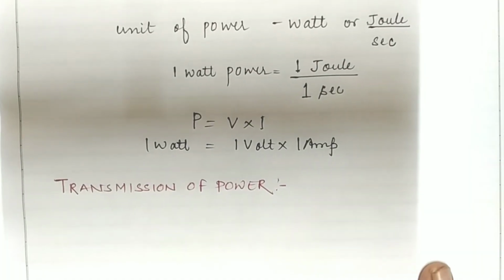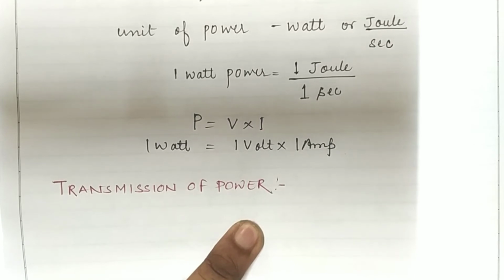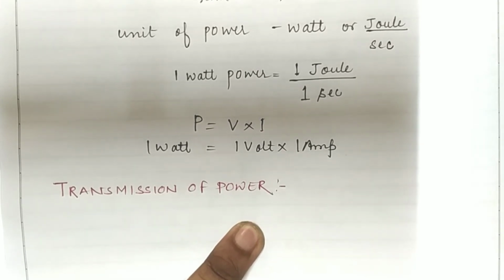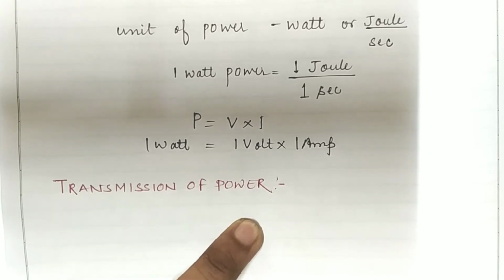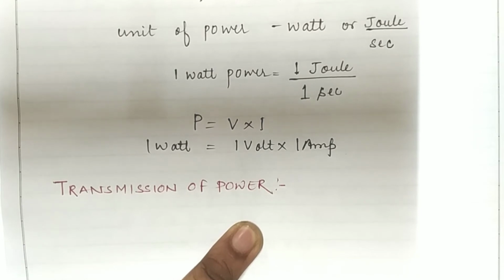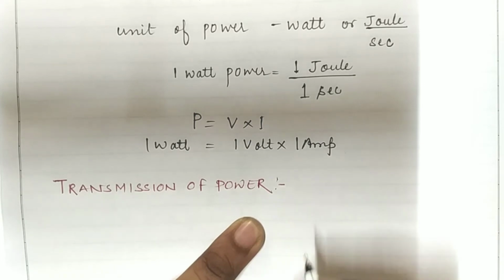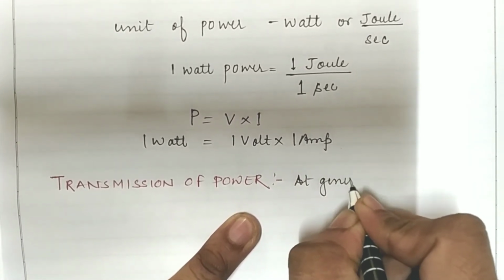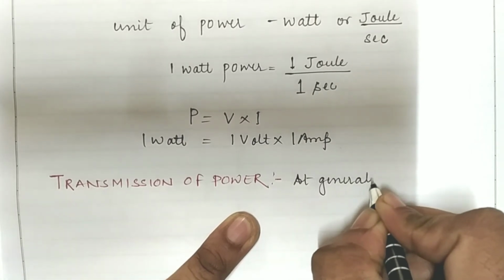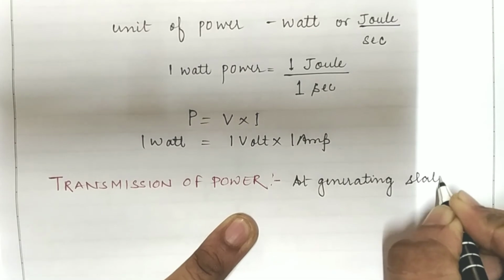So children, the power which is generated at the power station is supplied to the consumers. The electric power is generated at the power stations, which is usually at a very far distance.